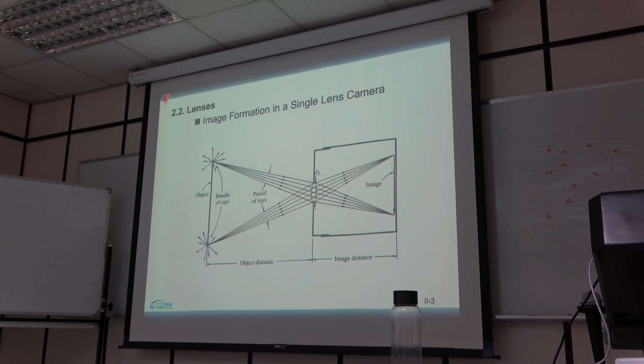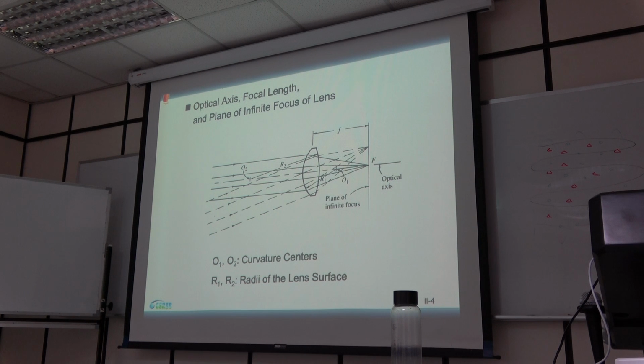And we talk about the role of the lens. In the past, we asked, do we really need a lens? Maybe not. We can have something like a pinhole camera, which doesn't need a lens. However, that pinhole is too small, so the problem is that there's not much energy you can get in a short period of time.